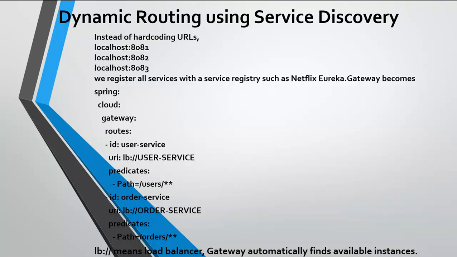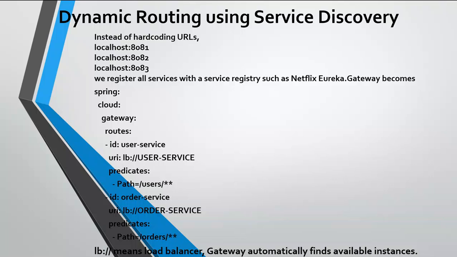One more thing is dynamic routing using service discovery. Instead of hard coding the URLs like 8081, 8082, 8083, we will register all services with a service registry such as Netflix Eureka. We are not mentioning the URLs, localhost and colon, the port numbers.